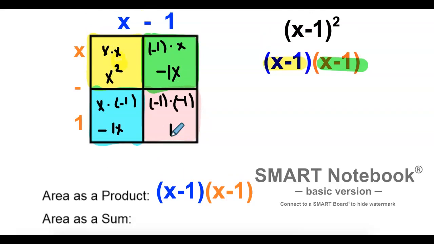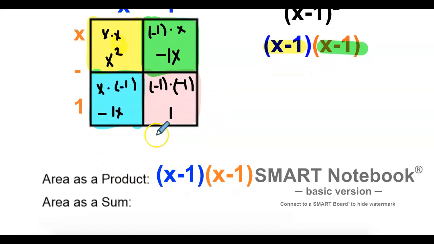Once we fill in the generic rectangle, we aren't done. We need to combine the yellow box, the green box, the blue box, and the pink box together to write the area of this generic rectangle as a sum. So if I want to do area as a sum, I'm going to say this is x squared minus 1x minus 1x plus 1.